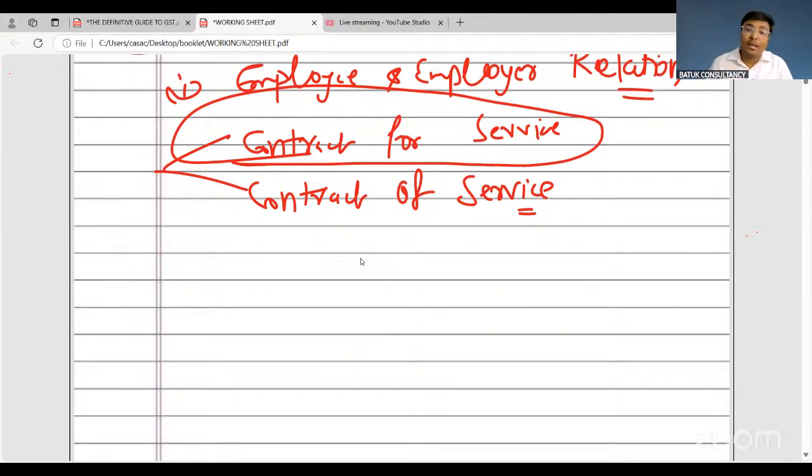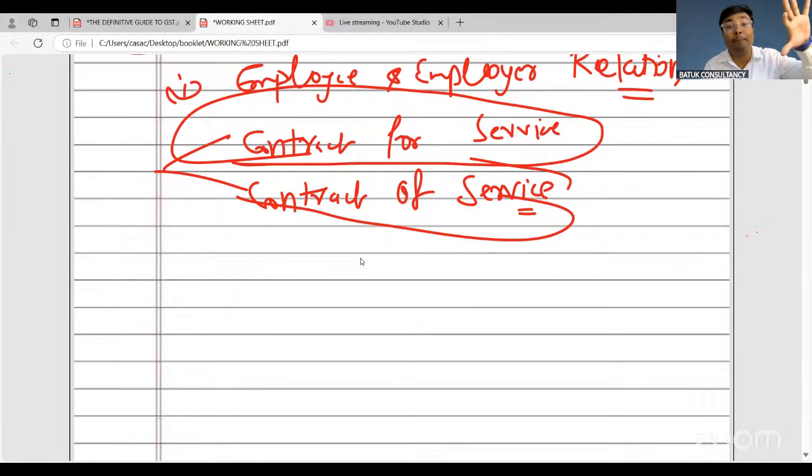Another point, contract of service. In case of contract of service, I need to follow the instructions of my principal. That means the employer is your principal and you are just doing the work for him. Whatever he says, you have to do. But in case of contract for service, you told me, sir, teach this topic, and I also say I will teach this topic tomorrow, and we will discuss this topic five days later.